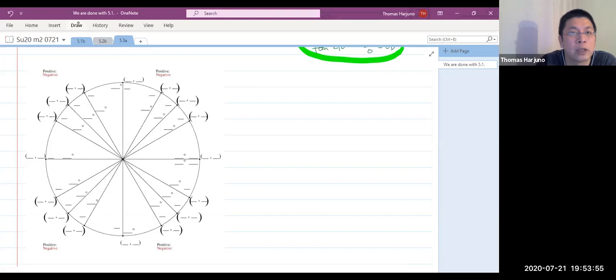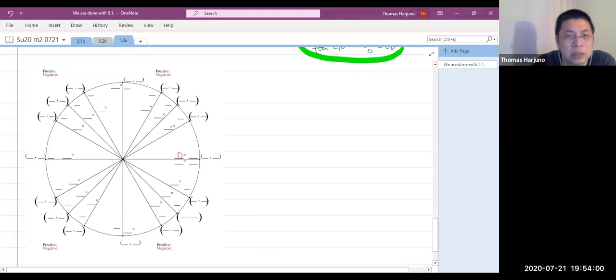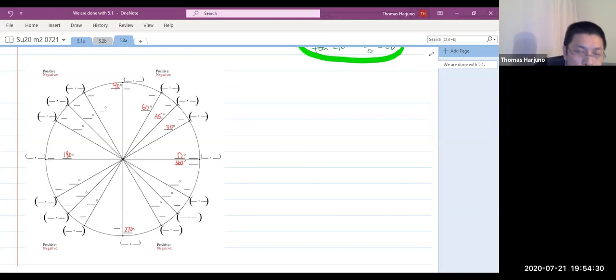For example, we have known that this is 0 degrees, this is 30 degrees, 45 degrees, 60 degrees, 90 degrees. If I go further, this is 180 degrees, 270 degrees, and going back here, 360 degrees. These are the special angles that you should have memorized.